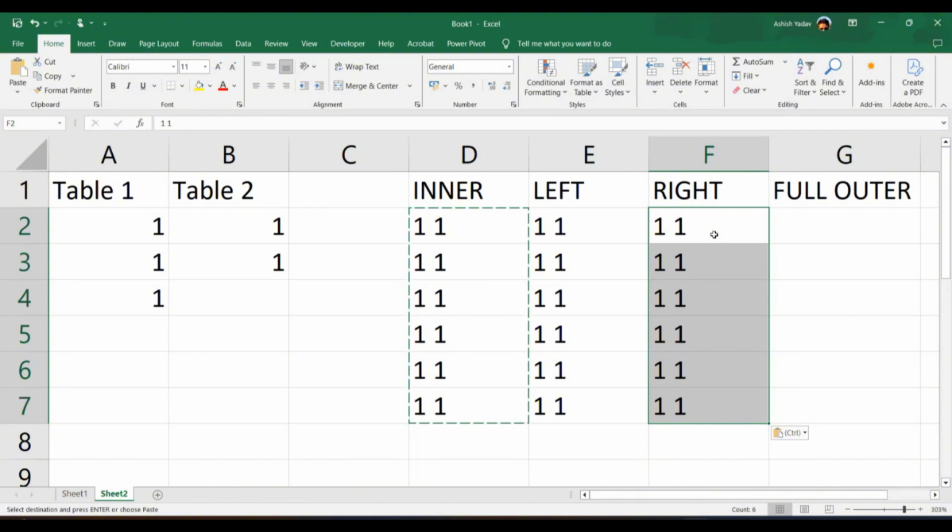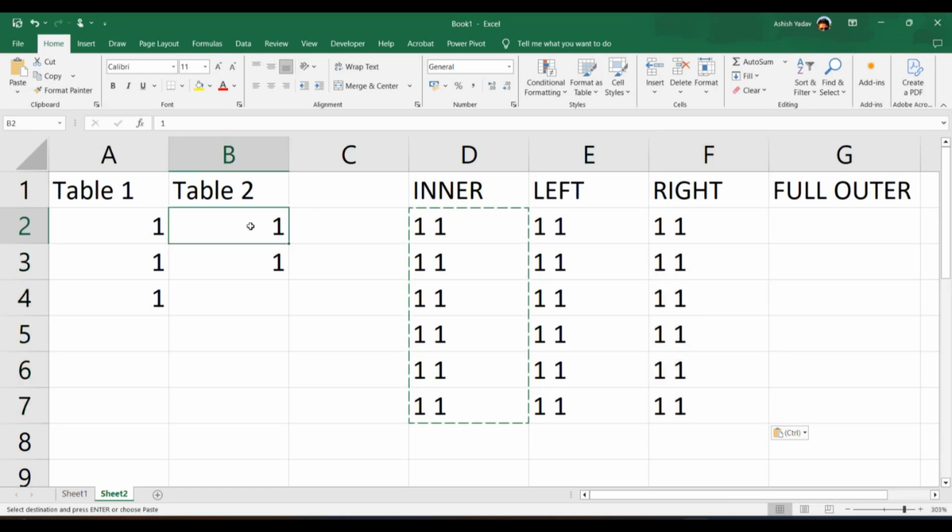Whatever is the inner join, right join will also have it. Plus, what are the things which were not matched from the right table? This one was also matched. This one was also matched, right? So there is nothing from the right table also which was not matched. In this case, inner join, left join, right join all have the same answer.